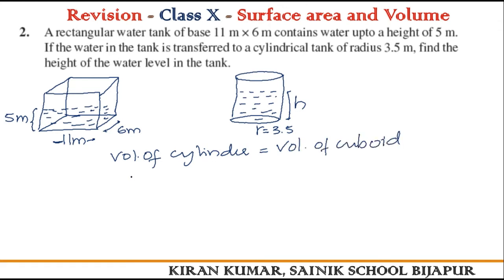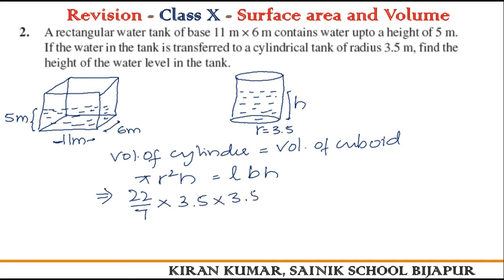Volume of the cylinder is given by pi r square h, and volume of cuboid is lbh. Let us substitute the values. 22 by 7 into 3.5 into 3.5 into h equals length 11 into breadth 6 into height 5.